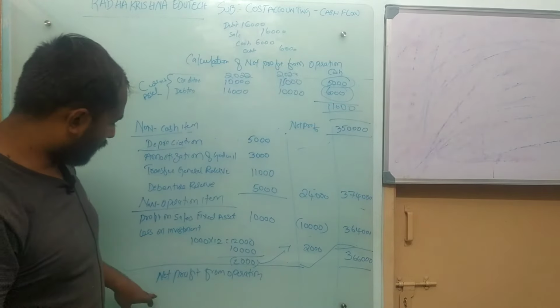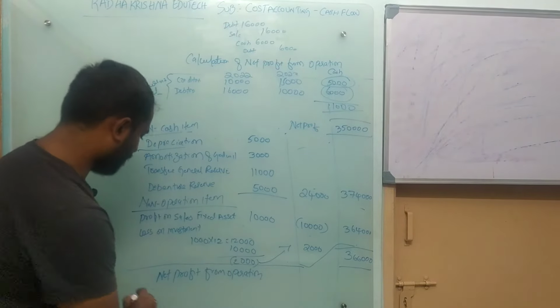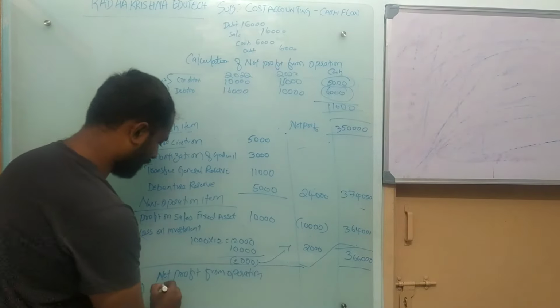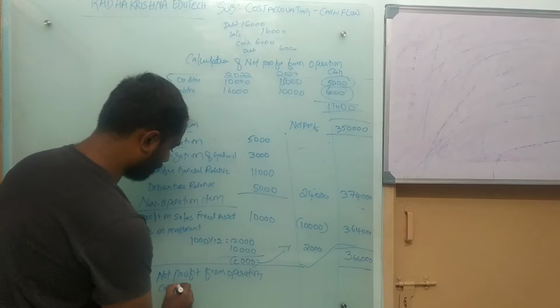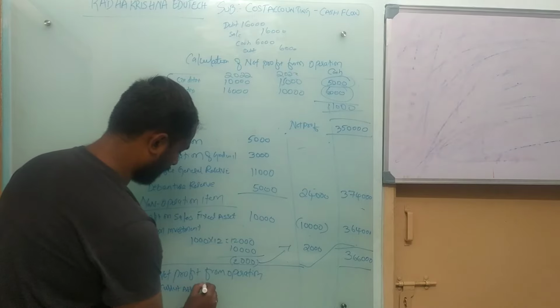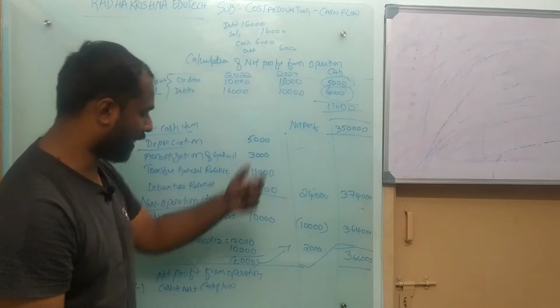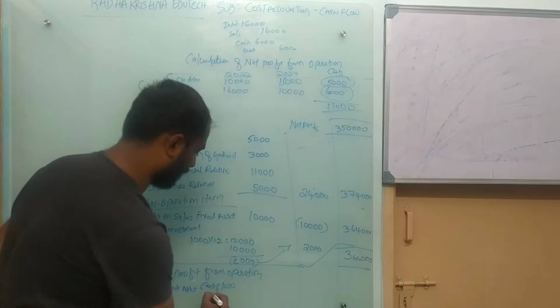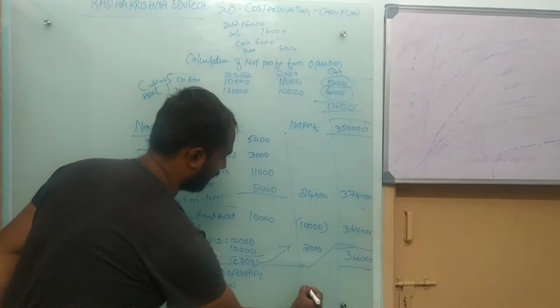So how much have you now calculated as net profit from operations? 3,66,000, right? So plus the current asset cash adjustment, cash flows. Put together you have 11,000. You can show separately. Here creditors I have 5,000.